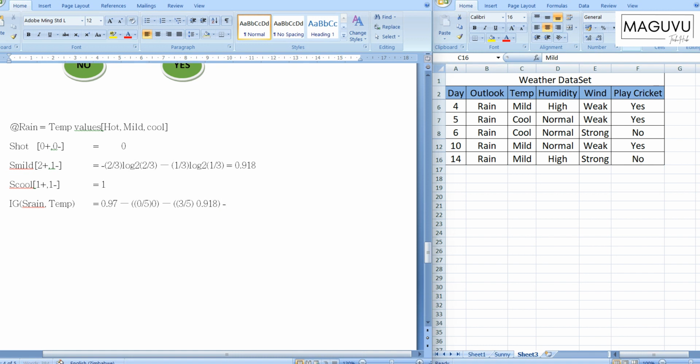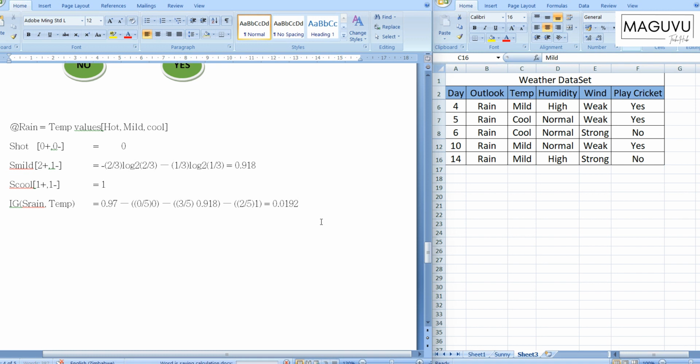And then we also want to consider the last, which is cool, and we have got 2 divided by 5 multiplied by 1. This should then give us a value of 0.0192, which is the information gain of temperature when we are considering that we are at rain.